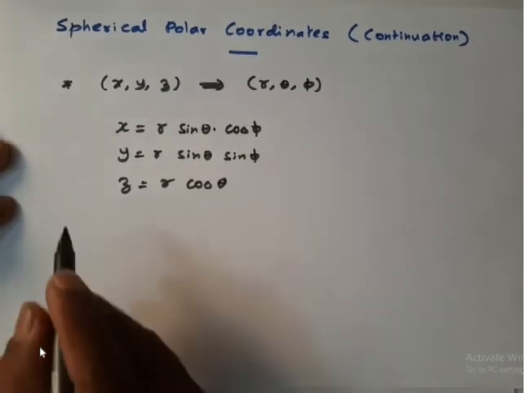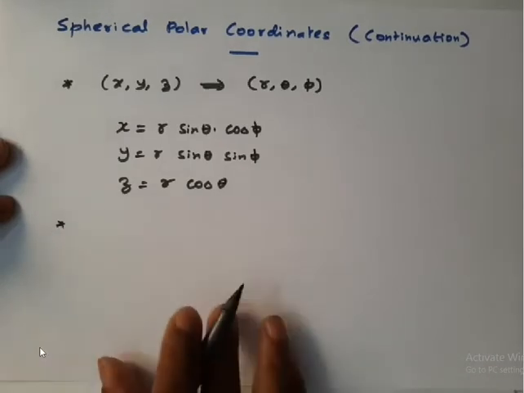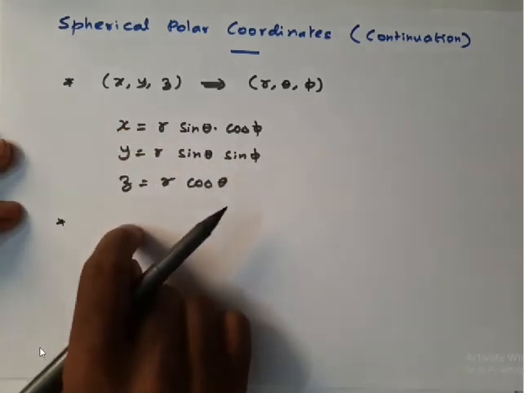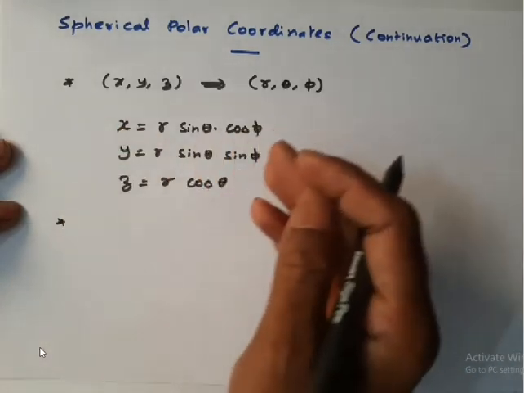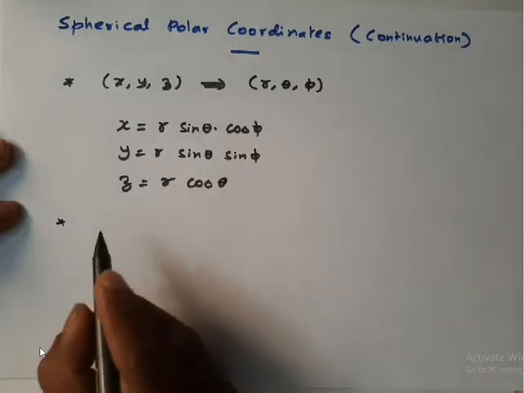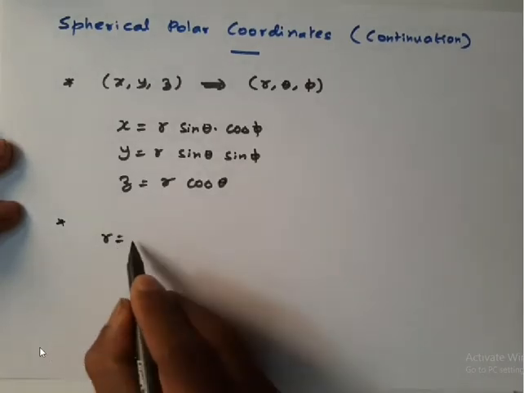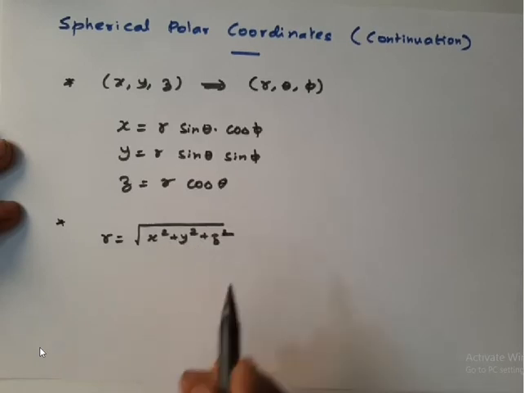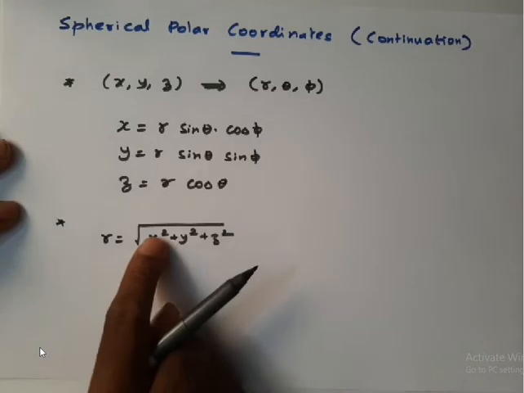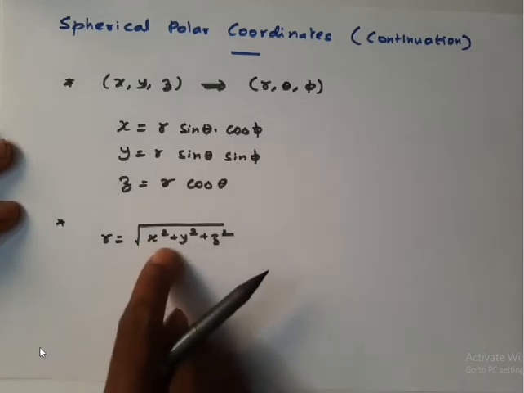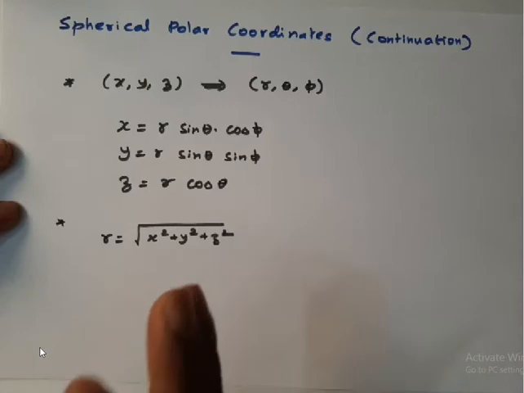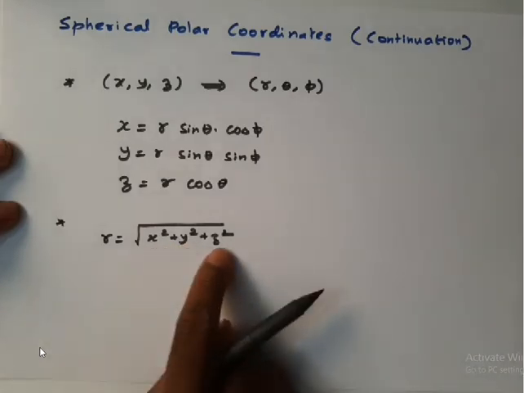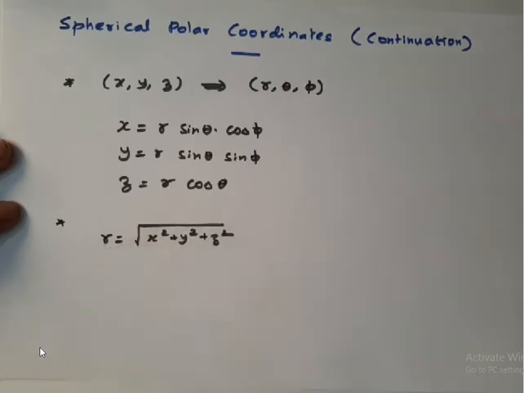We also discussed how, if a point is given in Cartesian coordinates, to find the r value, theta value and phi value. R is equal to the square root of x square plus y square plus z square. If the x, y and z values are given, take the squares of those values, add them and take the square root, and you will get r.